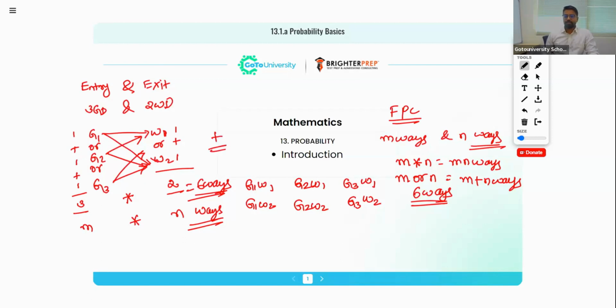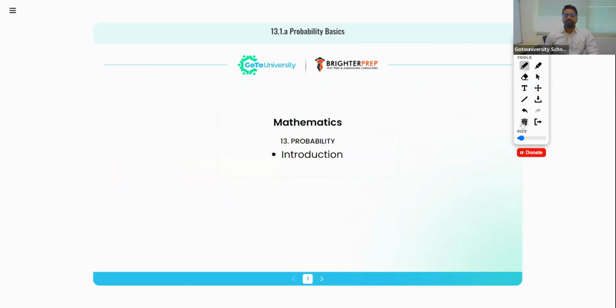Any questions in this? This we have learned in 11th standard itself, right? Yes. So that means if a task A can be done in m ways and task B can be done in n ways and another task C can be done in p ways.